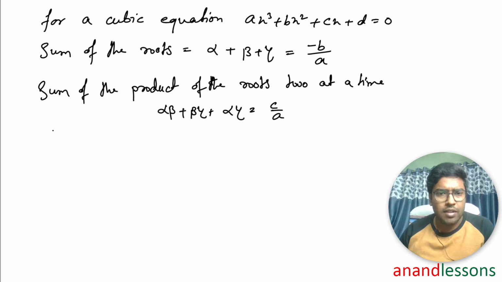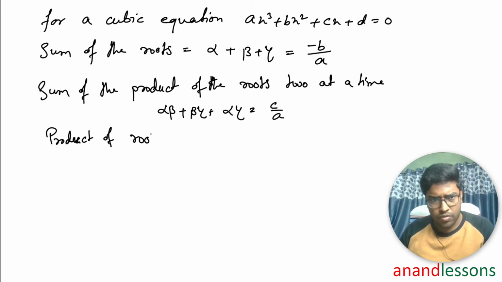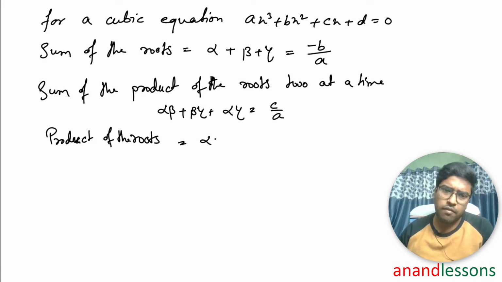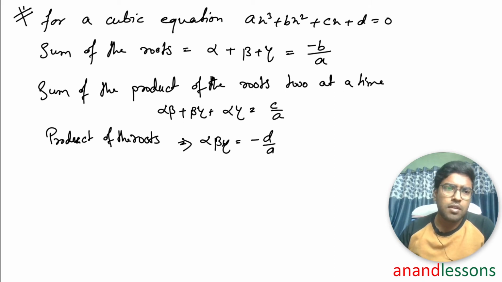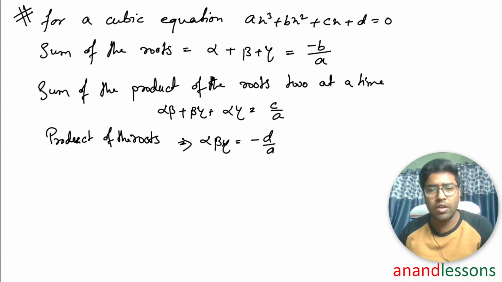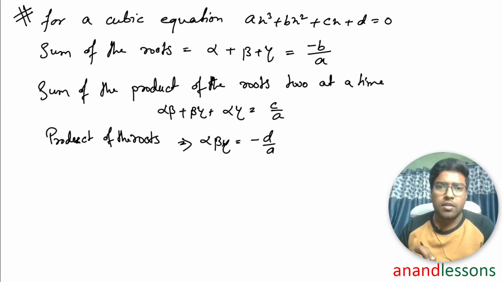And the product of all the roots, alpha beta gamma, will be equal to minus d by a. So this should be known to each student, then only we can find that centroid.